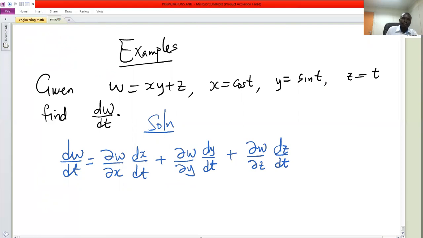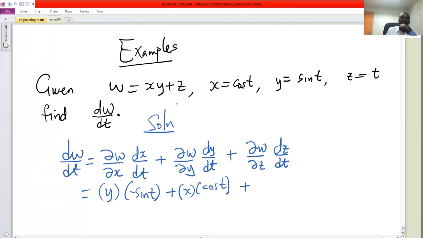Then partial w partial x: when we differentiate this function with respect to x partially, we get y. dx dt, differentiating x with respect to time, we get minus sin t. Plus partial w partial y will give us x, and then dy dt will give us cos t.